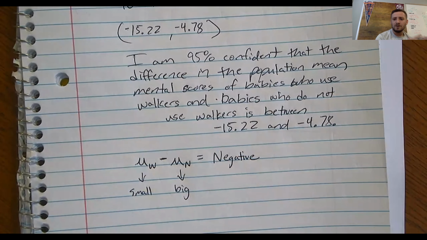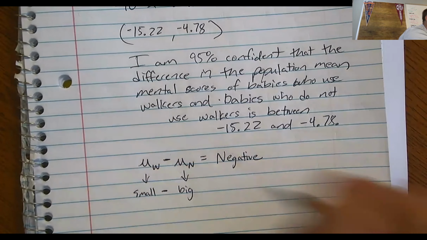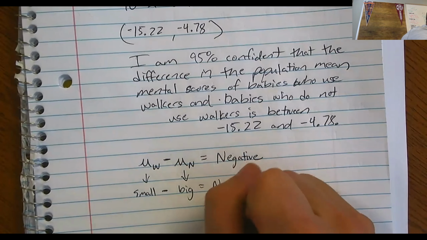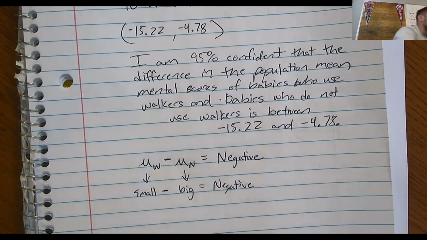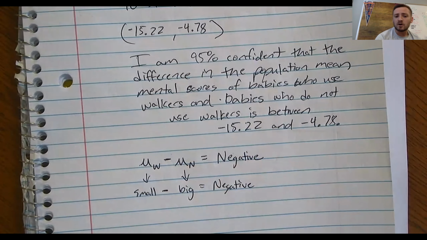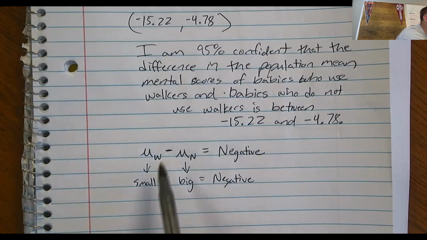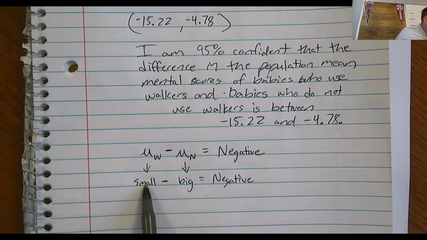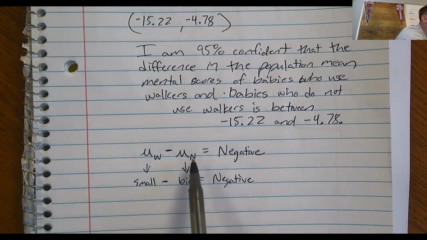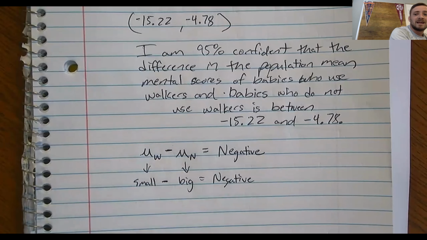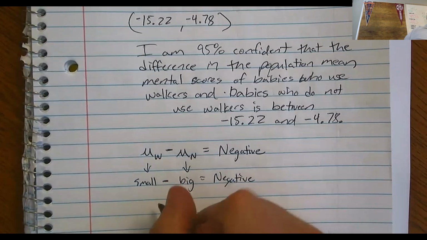A small number minus a big number is a negative answer. So based off of our confidence interval, we have proof that walker babies have a smaller mental score than non-walker babies. And that's exactly what we're going to put.